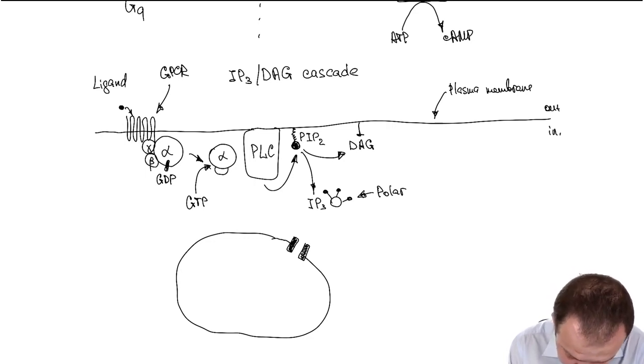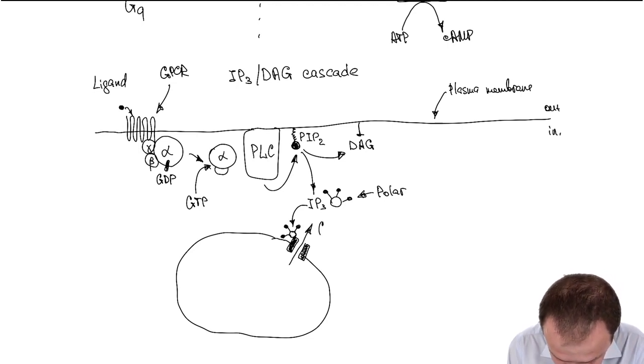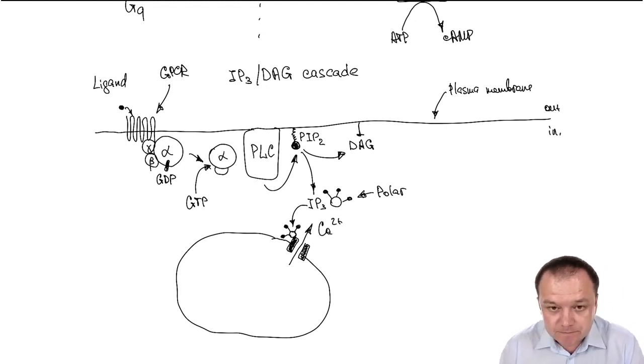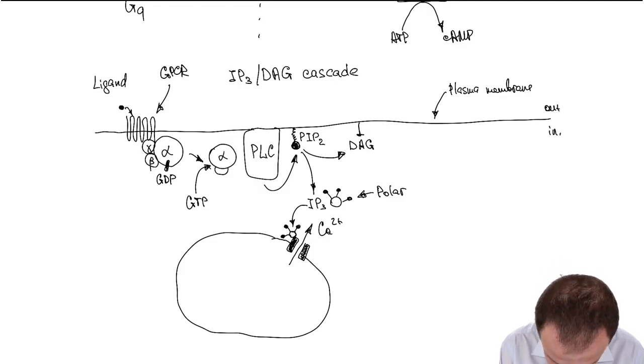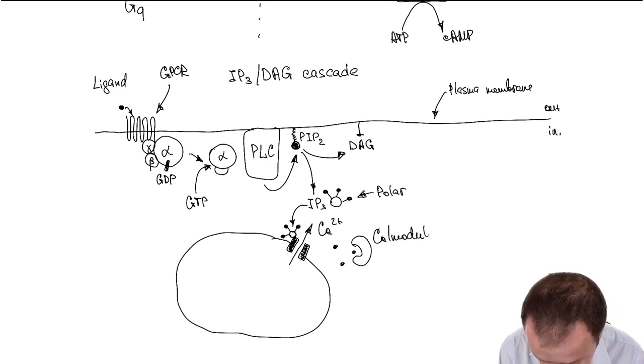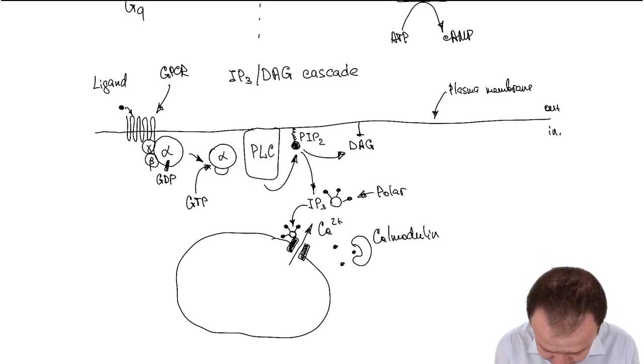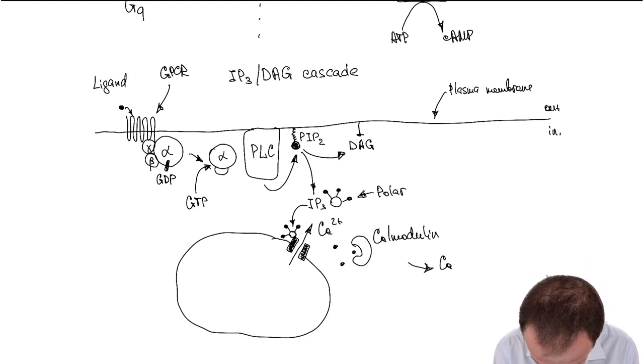So inositol triphosphate binds to IP3-sensitive calcium channels, activates them, and causes release of calcium into the intracellular space. Calcium ions bind to calmodulin, and produce the calcium-calmodulin complex.